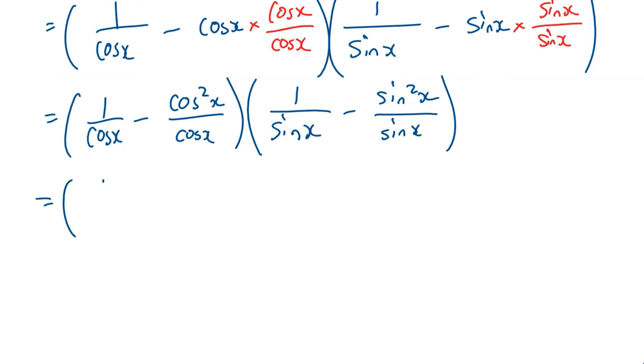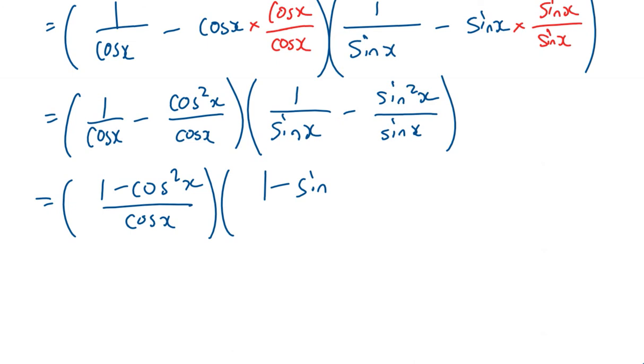And that gives me 1 minus, so now I did this on purpose, right? I have common denominators in both brackets, 1 minus cos squared x over cos x times 1 minus sine squared x over sine x.